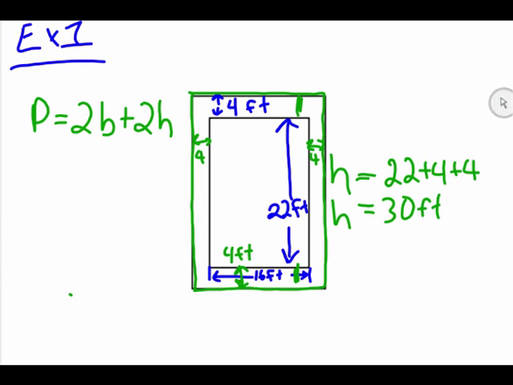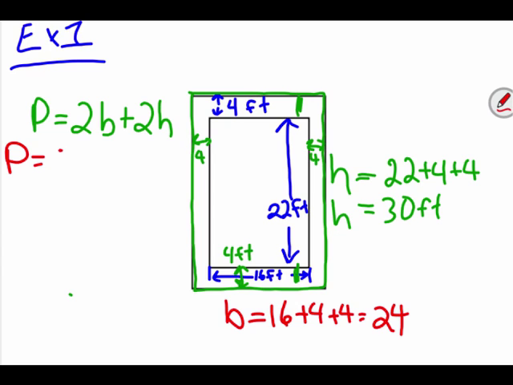And then if we do the same thing for our base, somebody tell me what I write down there for the base. 24. Does that make sense? So now to find the perimeter of this, I'm going to say 2 times the quantity, my base is 24, plus 2 times the height, which is 30.